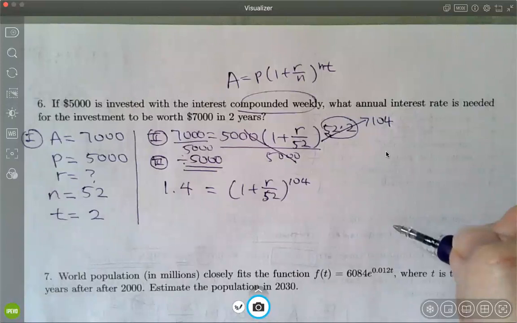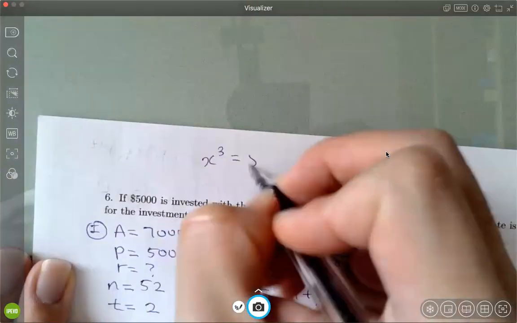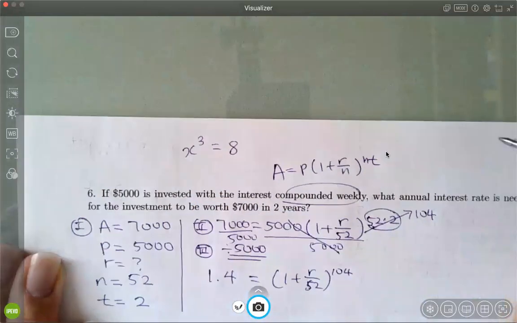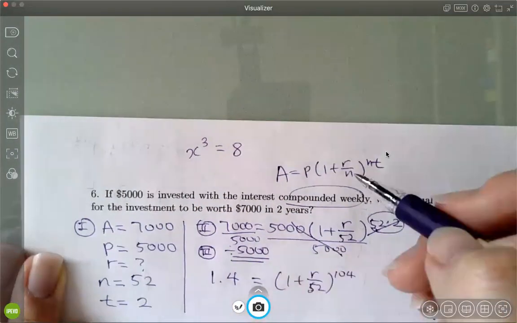So this can be tricky. Let me just tell you the answer right away. We remove 104 next. But now the question is, how do we remove 104? For example, if we had x cubed equals 8, how do you remove that 3?